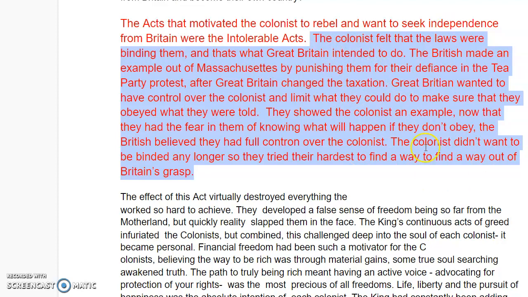1, 2, 3. You can say the Intolerable Acts were a group of laws that were created to punish the colony of Massachusetts, but then you need to say the blankety blank was created to stop da-da-da, and the blankety blank was to da-da-da, but not that.